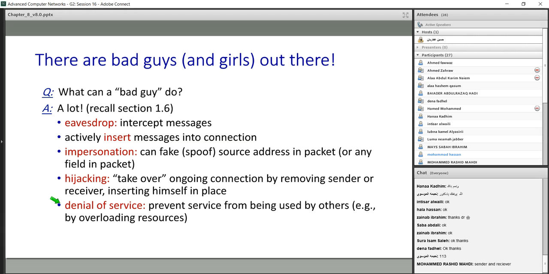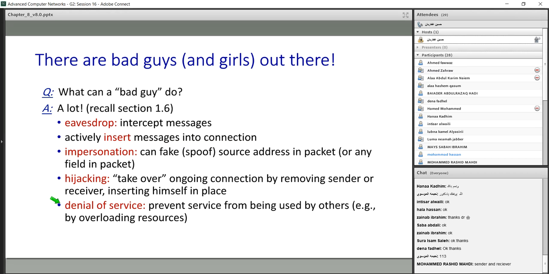That is true. Okay? And denial of service. We talked about this. And as I said, denial of service means that Trudy or the bad guys try to cancel receiving services by the legal users. They prevent the legal users from receiving those services.